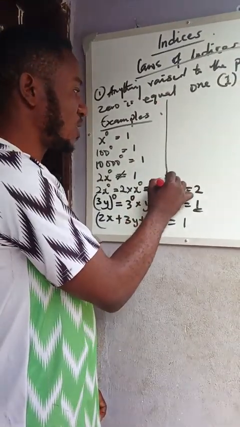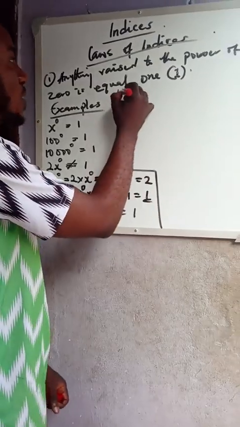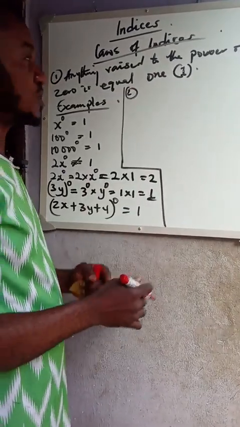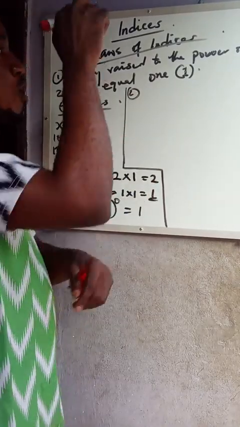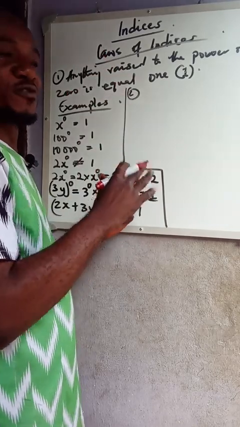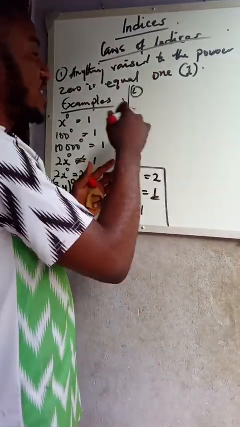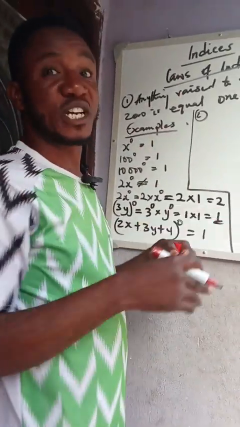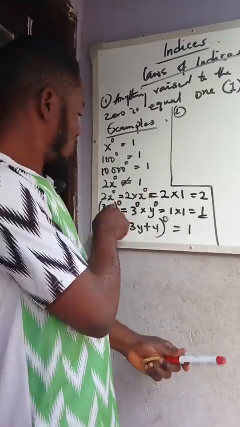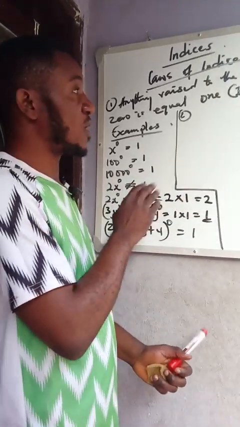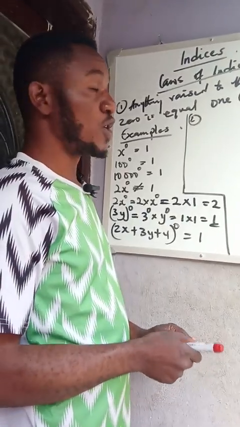So we're talking about law 2. Law number 2 is to convert a fraction to linear. Anything that has a numerator and denominator is a fractional equation. But these ones are called linear because they don't have any denominator or numerator.